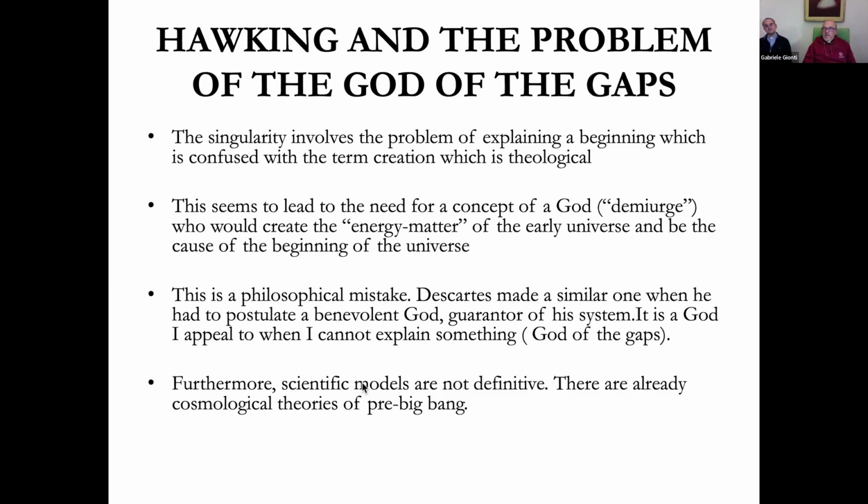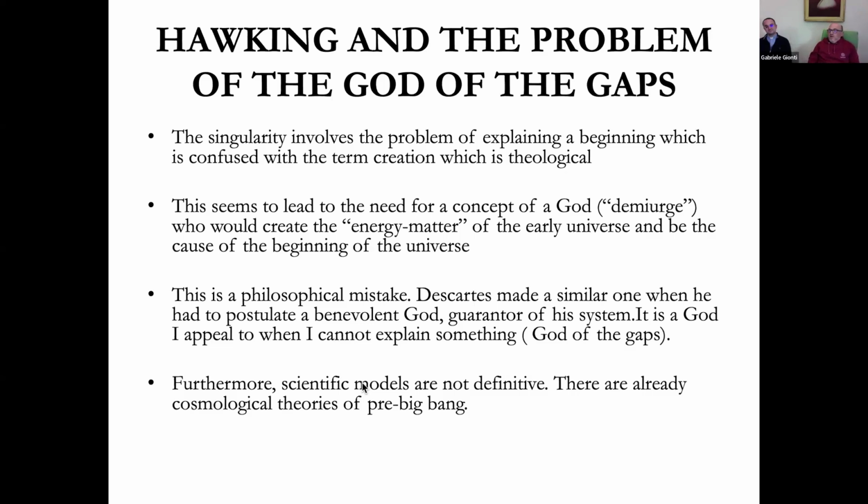Why? Because Descartes made the same mistake when he introduced his system. In order to be sure that there was no devil making him wrong, he had to introduce the idea of a benevolent God that would say that what he was introducing was right. But this is really a God of the gaps. A God that you introduce when you don't really know something and you need a God.